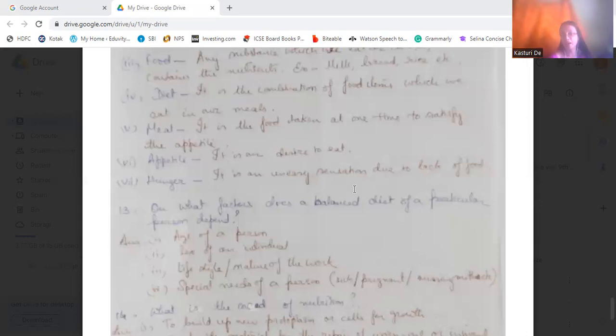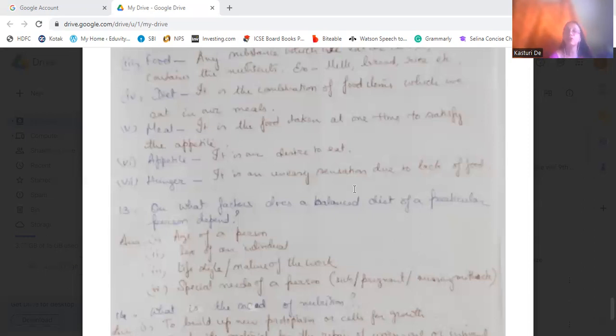Then lifestyle, nature of the work. If a person has an outside work, that is, he or she moves from one place to another, especially by walking, so he needs more energy as he's moving from one place to another. He locomotes a lot, so that's why he needs more energy.